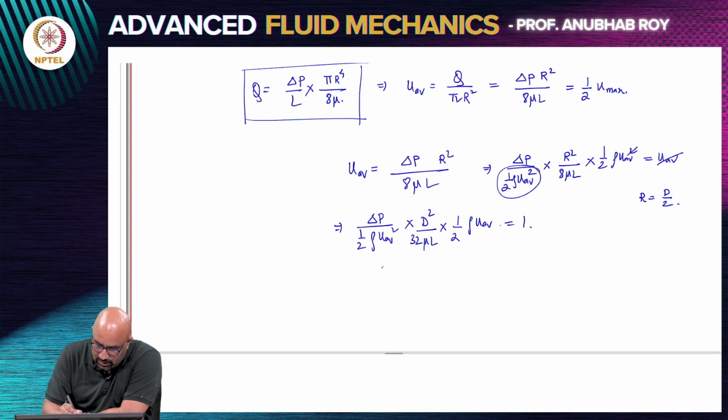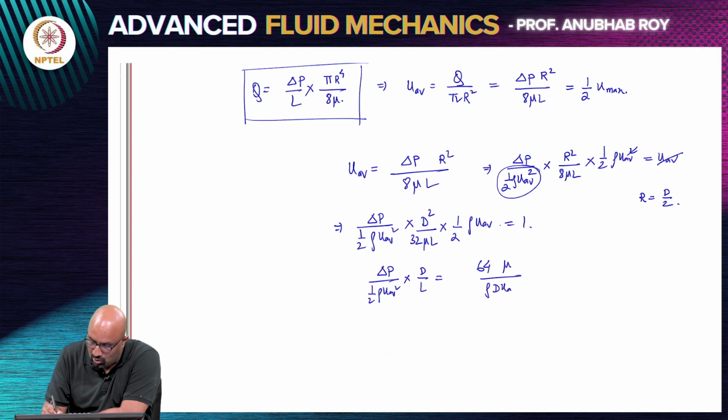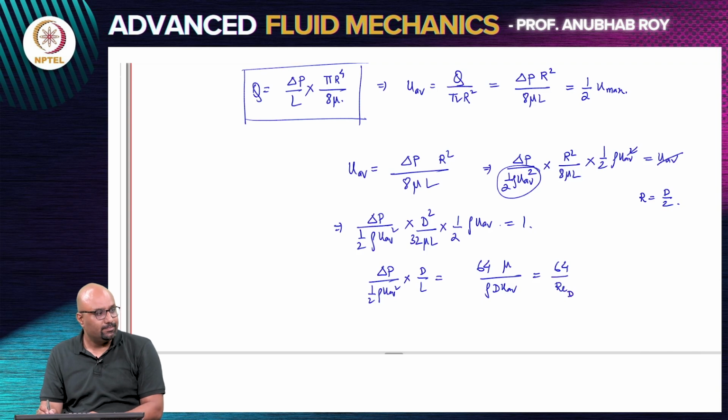So, this is del p by half rho u average square into D by L is equal to 64 mu by rho D u average, which is 64 by Reynolds number based on the diameter.